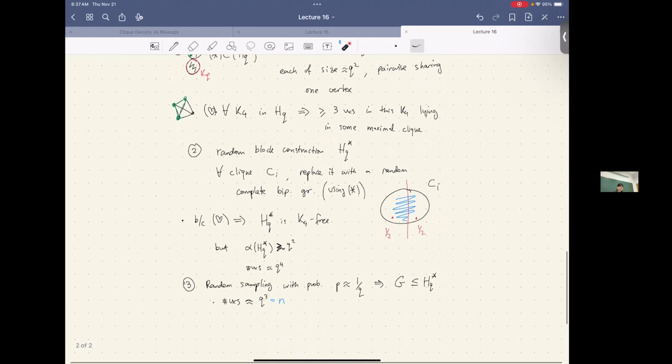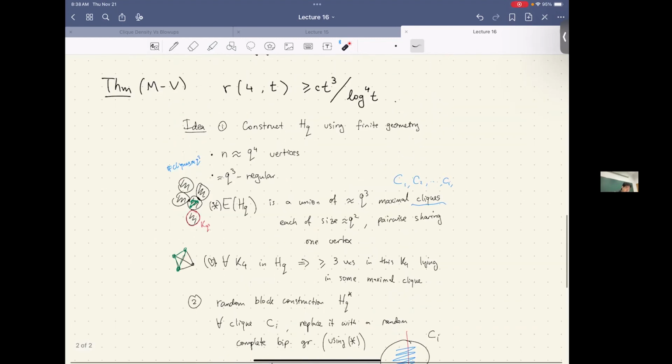So we're going to do a random sampling, sampling vertices with probability roughly 1/Q to drop the order down to Q cubed. But then we will show that the independence number will also drop by a factor of Q. Okay, this is through Kleitman-Winston's graph container method to count the number of independent sets much larger than Q to achieve that. So now let's see the details.